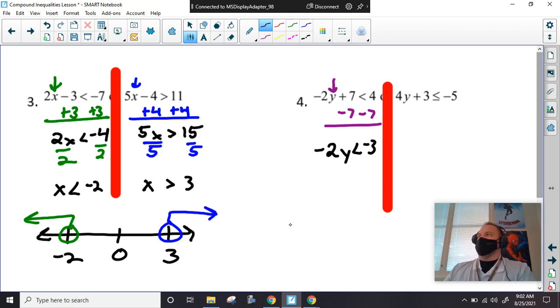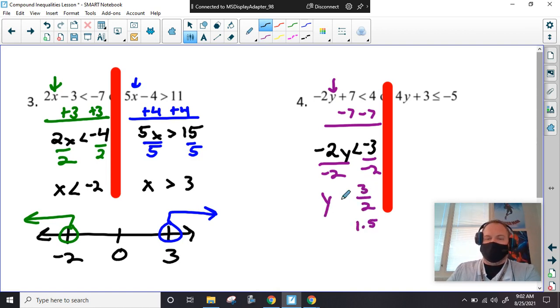Yeah, the sign's going to flip. That alligator is about to go to that 3, and then all of a sudden it gets something on it that it doesn't like, and it's going to turn its head. So we get y, we get 3 halves right here, or you could put 1.5. Either one is fine. But we have to flip this right here.